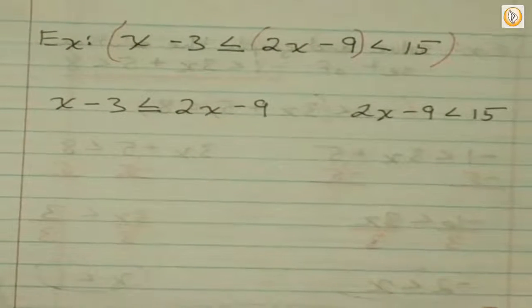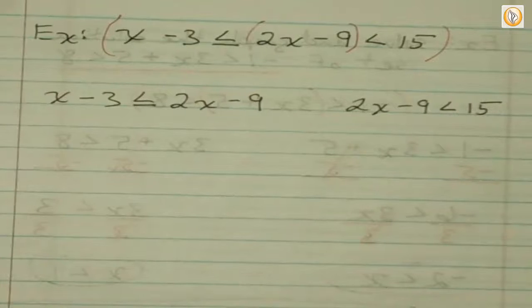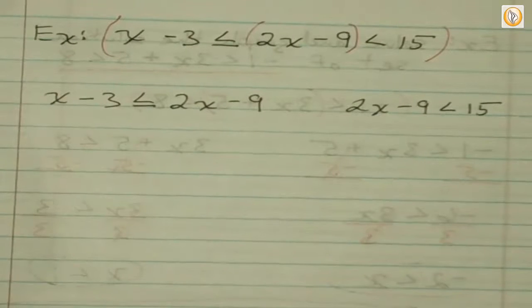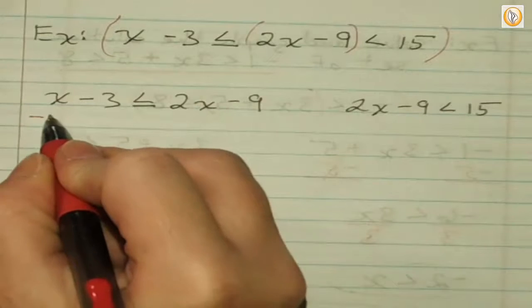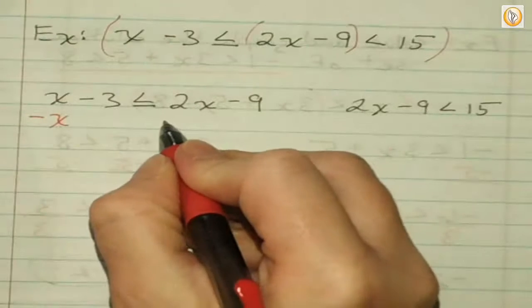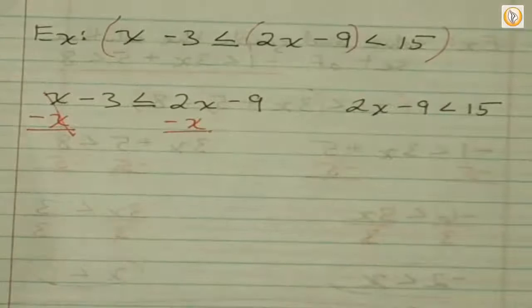Y'all see that? Now start solving. I'll solve mine, you solve yours, see if we come up with the same thing. That's entirely up to you as to how you do it, but your final answer should be the same.